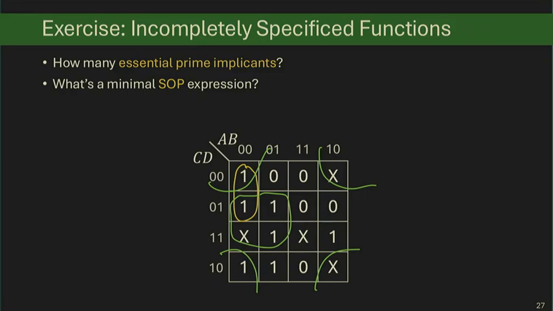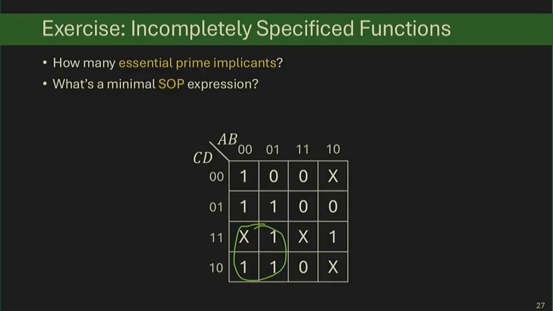Hamza, did you find any prime implicants? Just like here. And then you want to have this group of 4. Yeah, this group of 4.